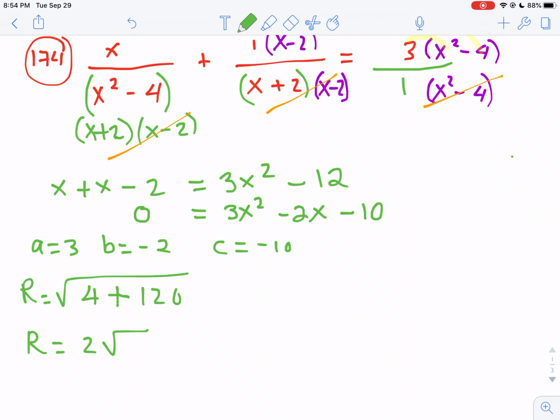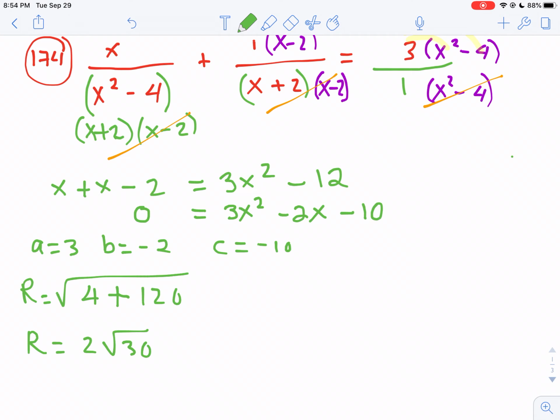Oh, 30 or 31? Is it radical 31? Let me double check here, because I remember it was radical 31 and I have radical 30. It says radical 31 here. Did I make a mistake? 3 times 4 times 10 is 120 plus 4, oh, silly me.